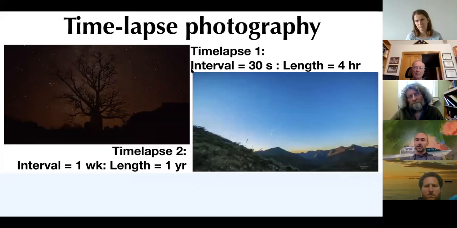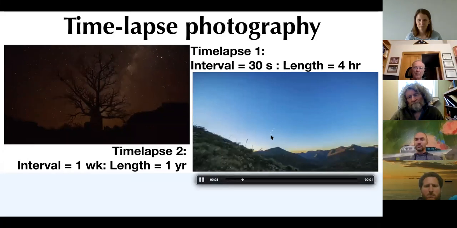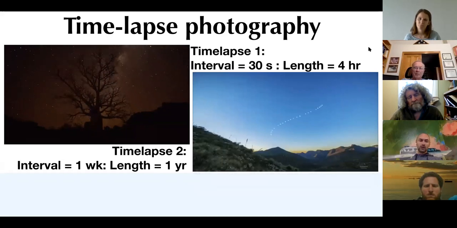And so what we're seeing here is the path of the sun through the sky, and where we have the winter and summer solstice at the apexes, and then the equinox here where it crosses over. So both of these are time-lapse videos, but they show very, very different things.